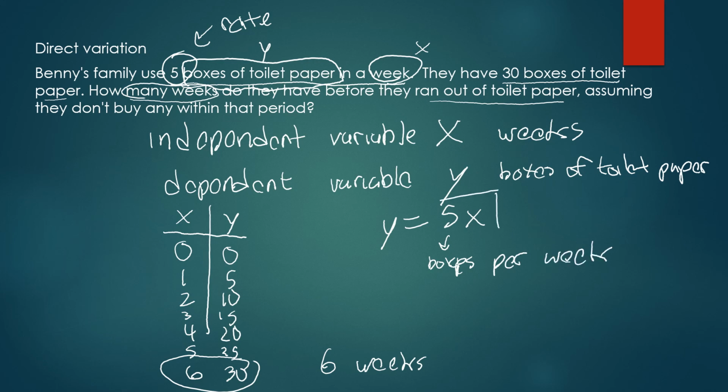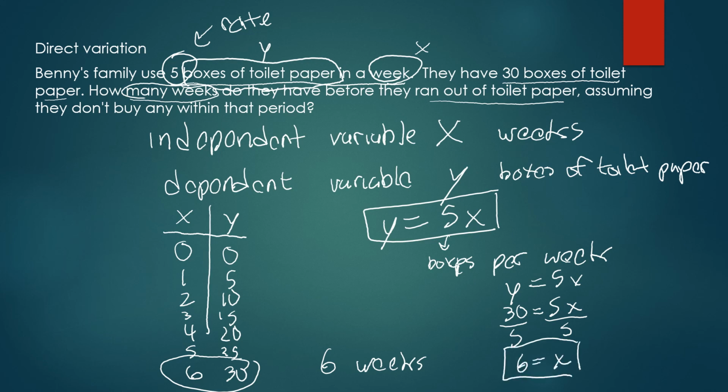So you could use this, and then using your equation, y equals 5x, substitute the 30 into the y because that's the boxes of toilet paper, and then divide by doing the multiplicative inverse. 30 divided by 5 gives you 6 is equal to x.